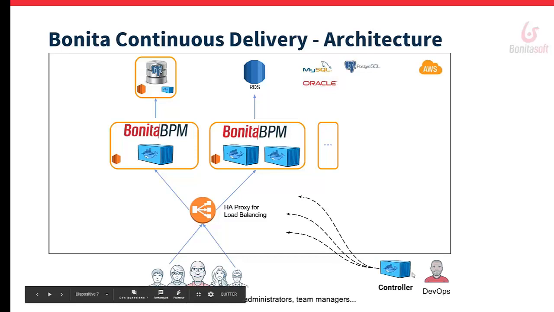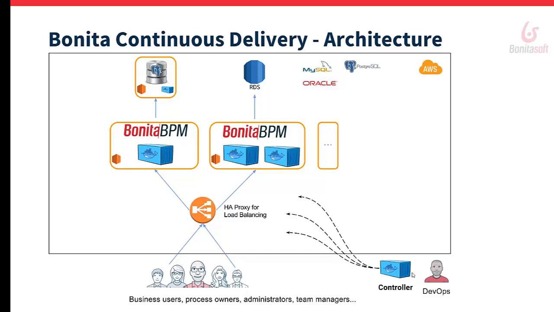This controller is actually a Docker image that will run on the DevOps computer, and it will be used to create the EC2 instance on Amazon and install Docker, deploy the Bonita Docker image, and make sure that we have also created the database schema on RDS if we use the database as a service from Amazon, or maybe deploy another Docker container with, for example, a Postgres database image if we prefer to have full control of our Postgres installation.